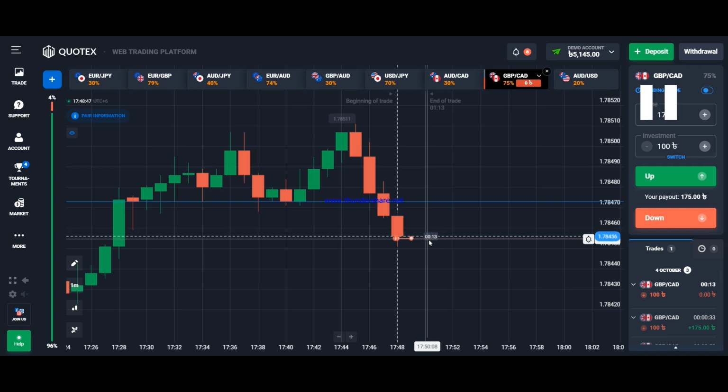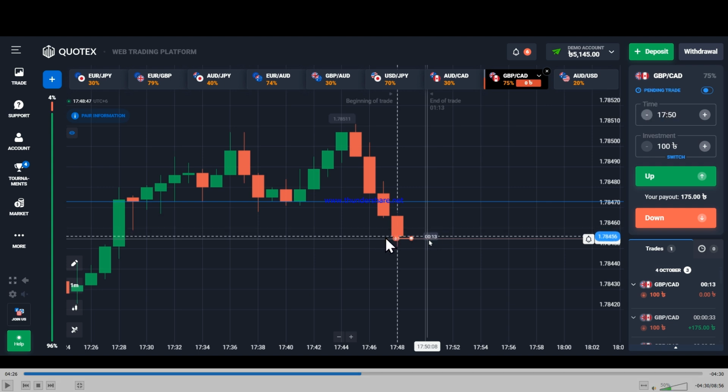That's why I placed my trade for the down option from this entry point. I placed my trade for the put option but with a very bad entry point.